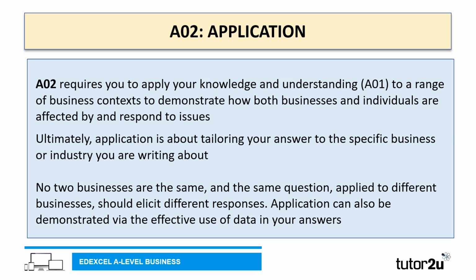It's important to remember that no two businesses are the same, and the same question applied to different businesses should elicit different responses. Application can also be demonstrated through the effective use of data in your answers, and we'll be looking at data, quantitative skills, and numerical concepts in another video.